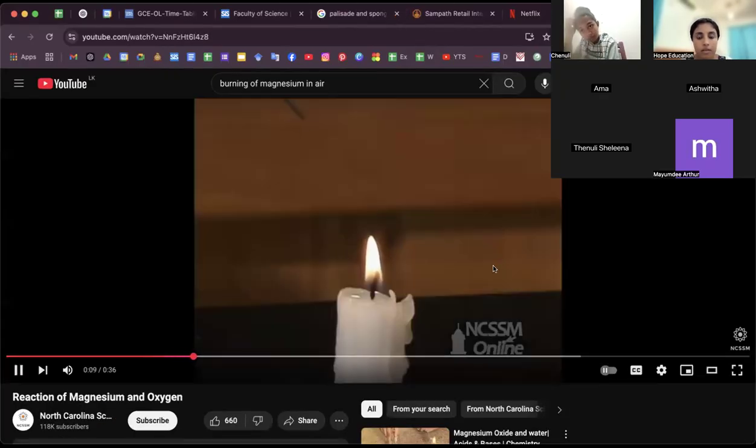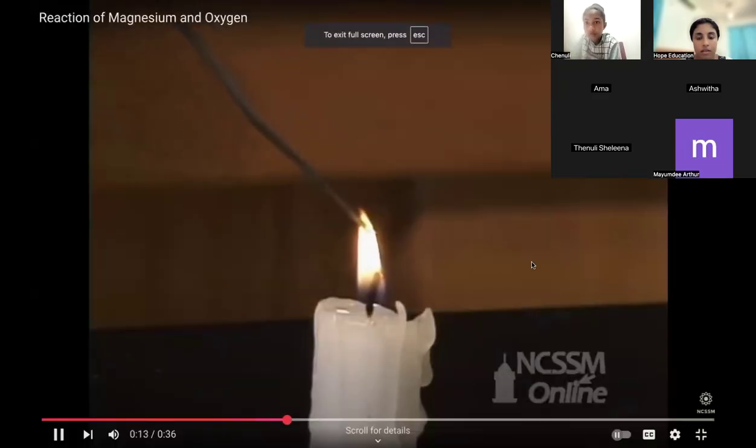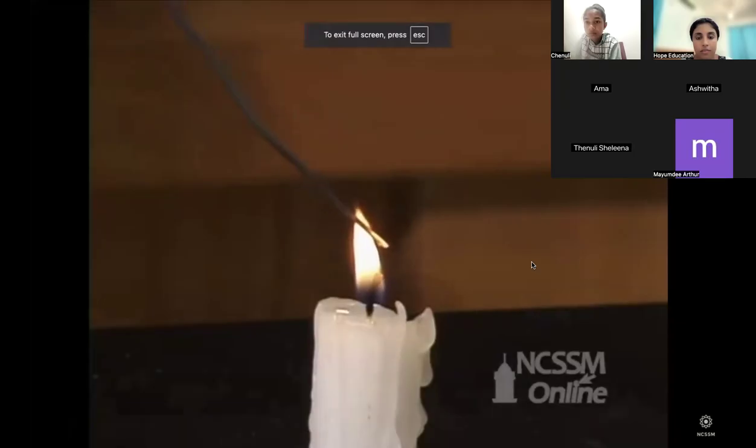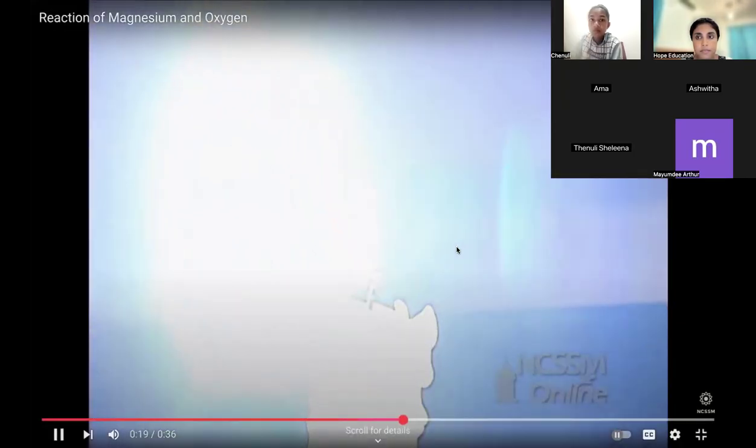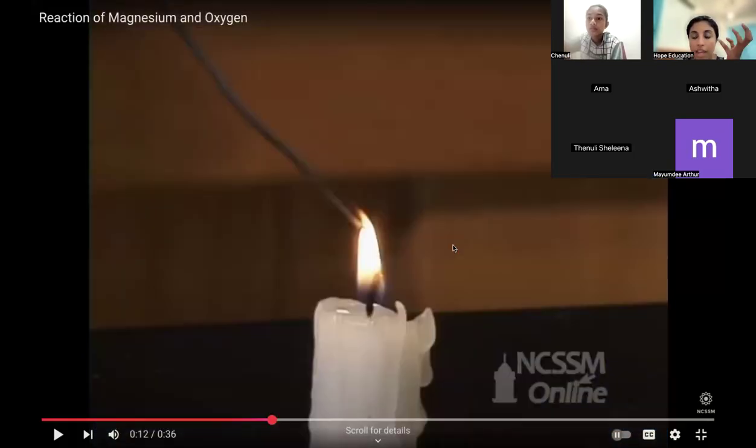Group 2 metals also react rapidly with oxygen in the air when they're heated. Magnesium is flammable. Can you all see this, children? When magnesium is held to the flame, can you see the bright white flame? So now this is the candle flame, right?